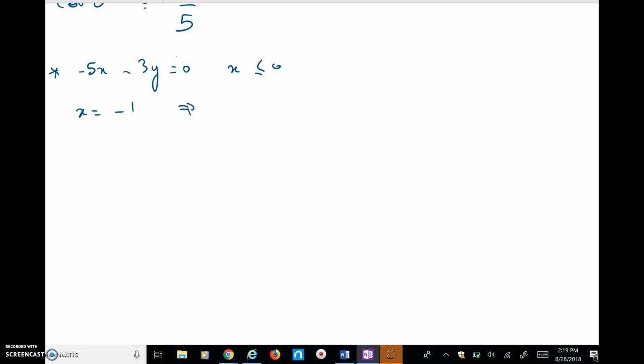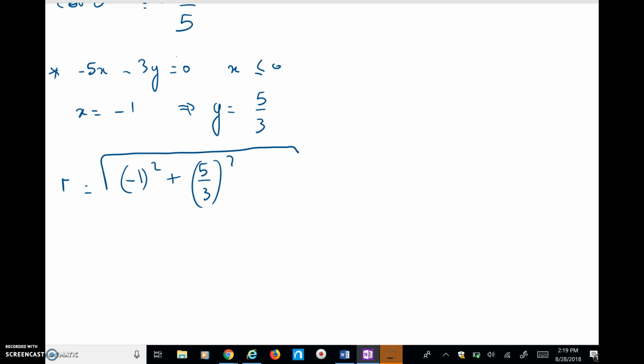You substitute x equal negative 1 and you find y equal 5 over 3. Up to there I'm fine. You got x and y, then you calculate r. I think this is where you need to pay very close attention. Minus 1 squared plus 5 over 3 squared. And then you got 1 plus 25 over 9.